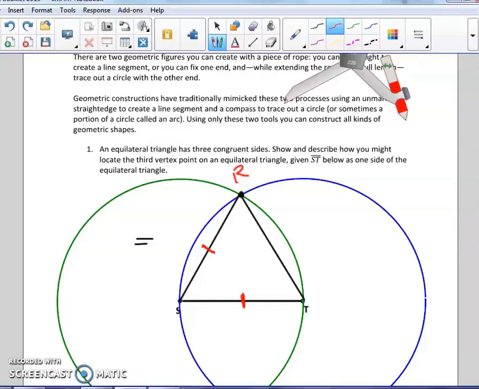And in the blue circle, TS is congruent to RS, so these would also be congruent to TR, given that TR is a radius in the blue circle. So we can see that that triangle right there is equilateral.